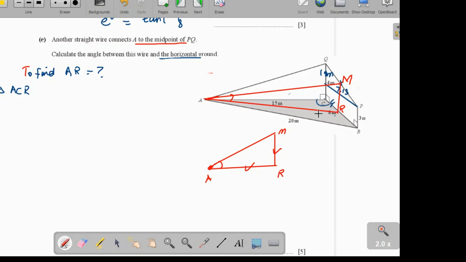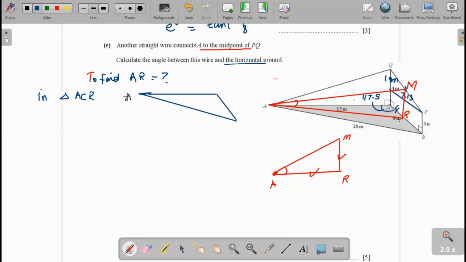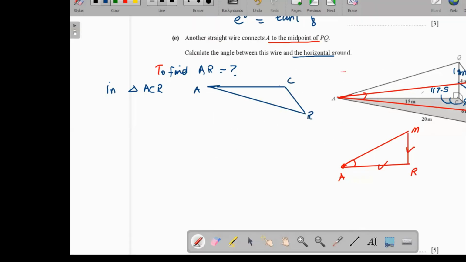This is the midpoint, therefore the length is 4. The angle ACR is 117.5 degrees.